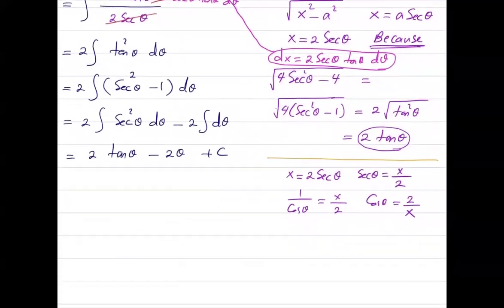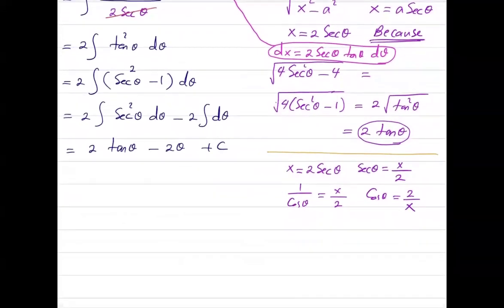From this part, we can say that my theta is equal to arc cosine of 2 over x, or cosine inverse of 2 over x. Or you could use this part as well. Write down theta as inverse secant of x over 2.